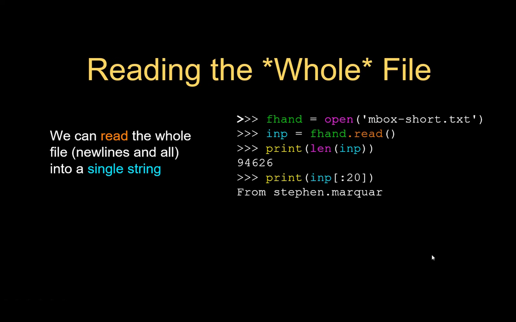This is an example where we're going to read the whole file. So we use the open function, we put that into the variable f_hand, we call the read function, and we put that output into the inp variable.